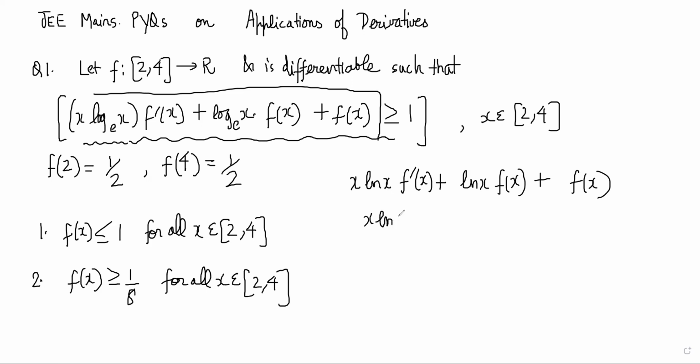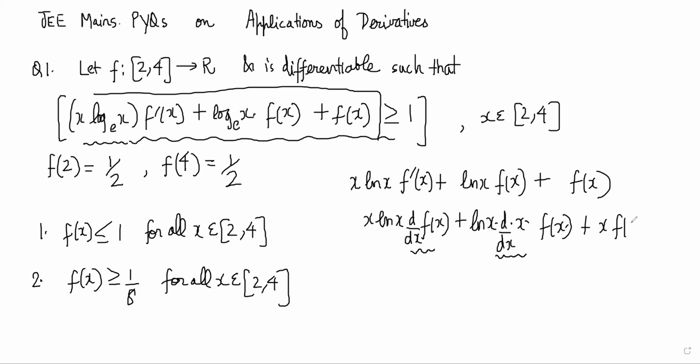So x ln x d/dx f(x) plus, notice that this can be written as ln x d/dx of x and f(x), right? And here you can write it as x f(x) d/dx of ln x, right? Do you understand what I'm saying?